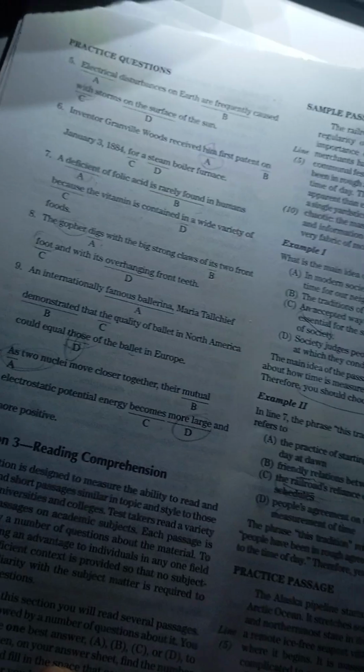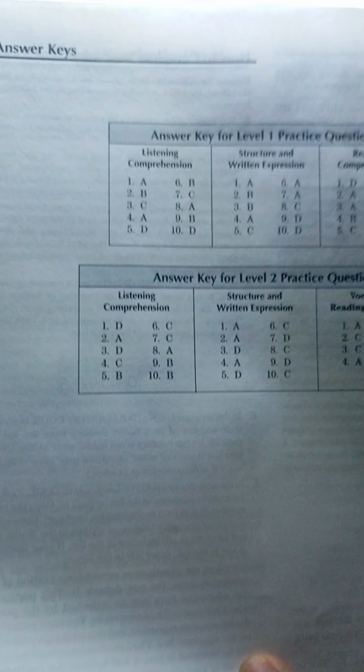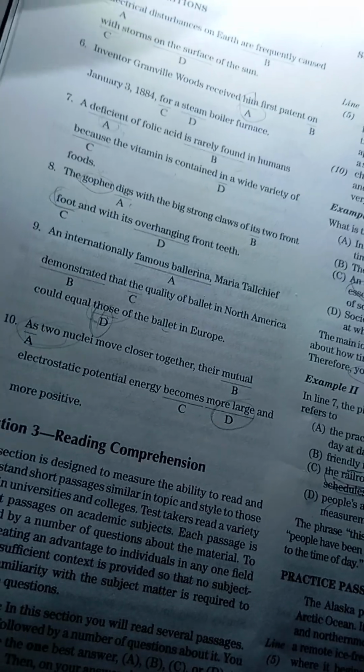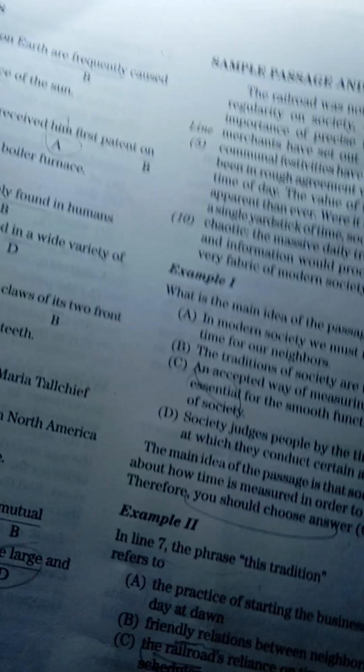So the 5 in the structure and reading comprehension. Let's see. What was the 6th one? I'll just check. Structure and reading comprehension, 5 was the B, but the B was the C. Wait, what?